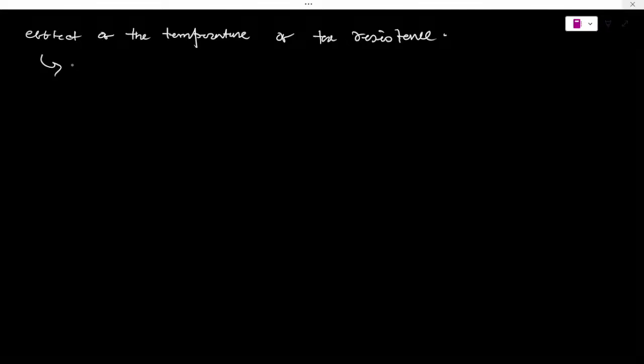So for metal, alpha is positive. The resistance of metal increases with the increase in temperature.